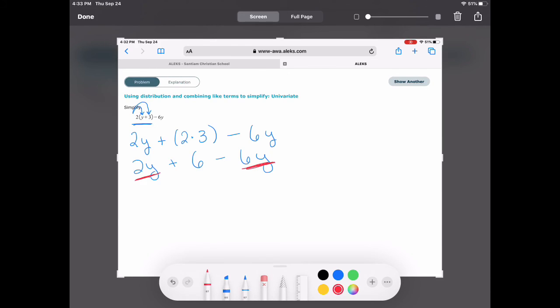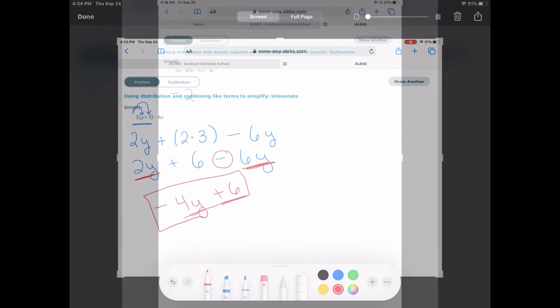The thing I got to watch out for is this minus. So it's actually 2y minus 6y, and 2 and negative 6 make negative 4y plus 6. 6 is a constant. It can't combine with 4y because it doesn't have the same variable. So this will be our final simplified result.